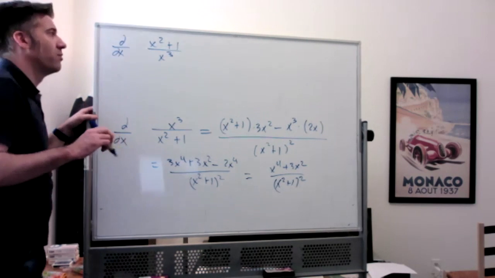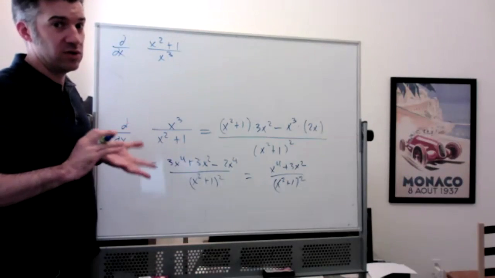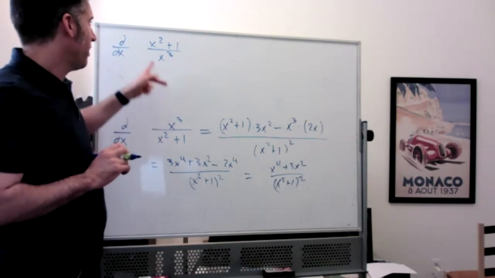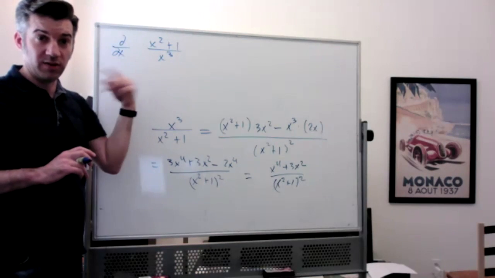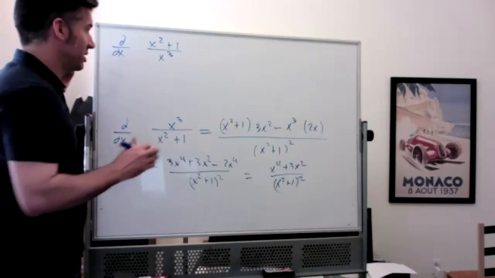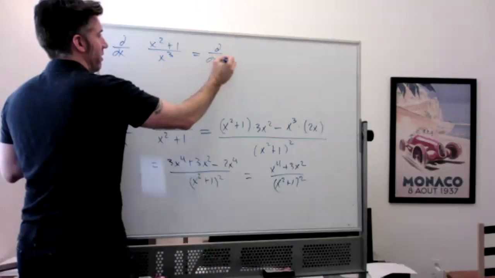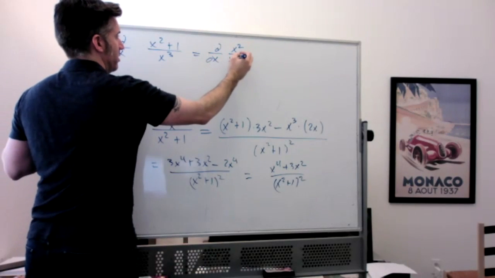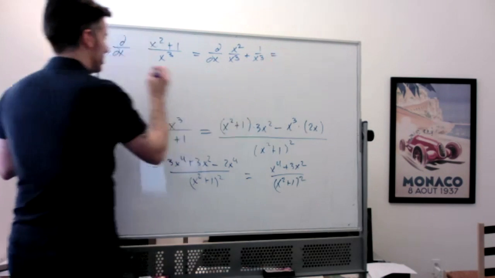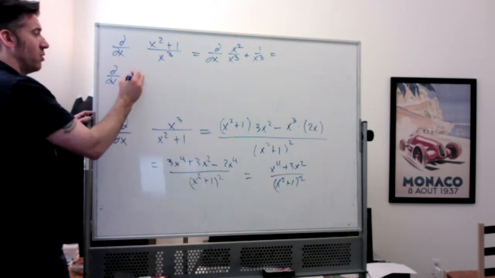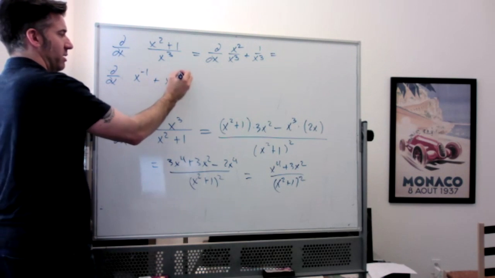In this case, instead of using the quotient rule, if you have a quotient where you have all powers of x and only one term in the denominator, we can instead just divide each thing by x cubed. I can write this as the derivative of x squared over x cubed plus 1 over x cubed, which is the derivative of 1 over x, or x to the minus first, plus x to the minus third.